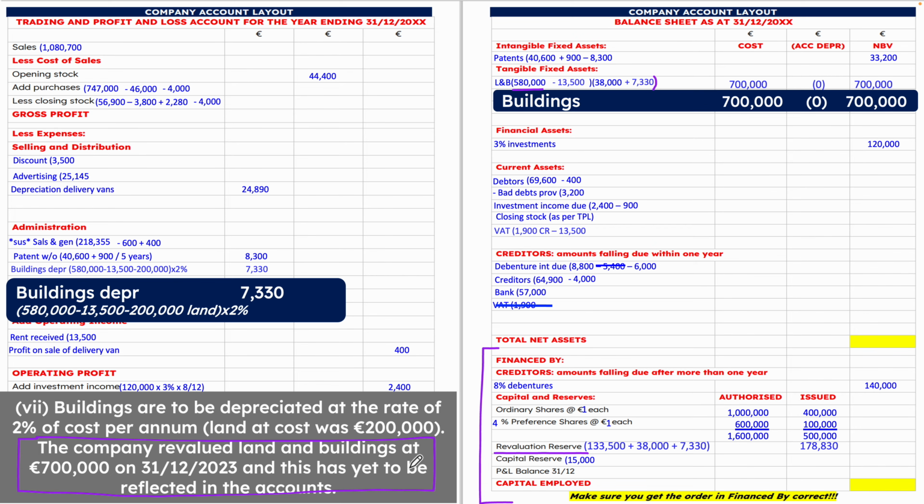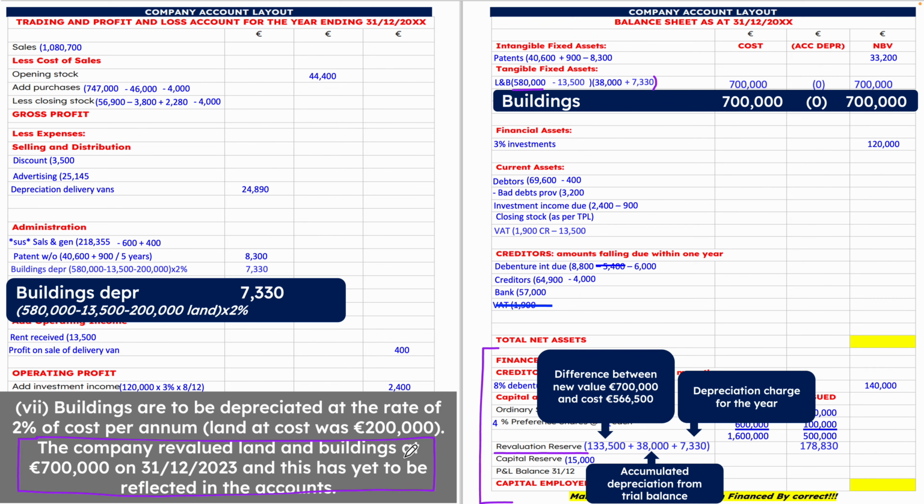We have to show it in our balance sheet. We have to show that this is increasing value, and look, this belongs to the shareholders ultimately. So look, revalued at the end of the year, you're going to have three different figures. The first figure is going to be the difference between the 700,000 and the 566,500, which is what our land and buildings cost.